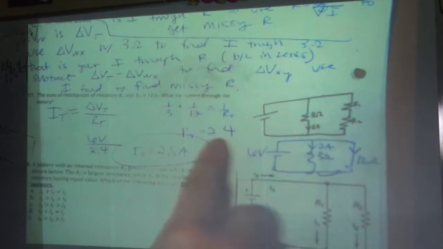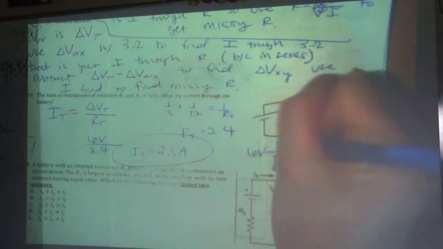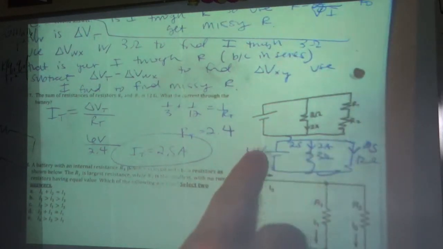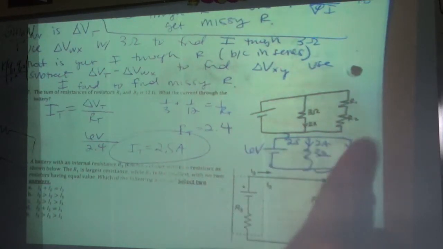Total voltage is 6 volts over 2.4, so that gives me the total current, or the current through the battery, is 2.5 amps. Now if I ask what the current through right here is, well, 2.5 is my total coming out of the battery. 2 going this way, that leaves 0.5 going this way. Which also is what you would get if you use the 6 volts with the 12 ohms, you would get 0.5 as well.